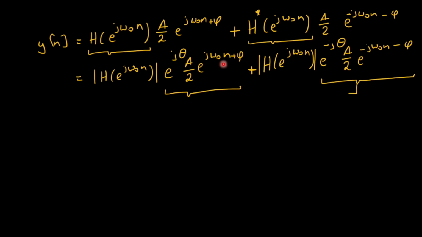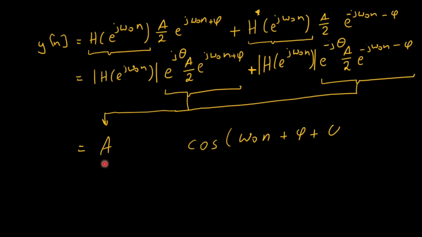So using these constant coefficients and the exponential terms, we can achieve a cos function from Euler's identity, that is we would have a cos of (omega naught n plus phi plus theta), as cos of an angle is 1 by 2 e to the power j angle plus e to the power minus j angle.